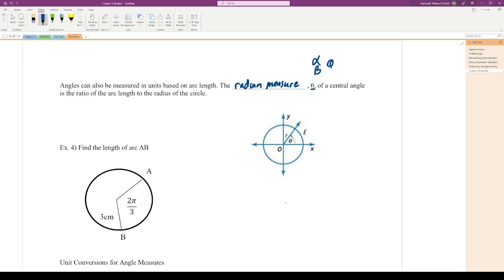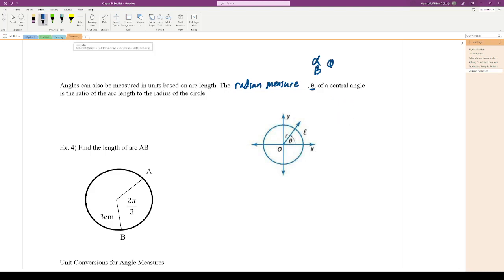Theta is kind of our generic angle measurement notation, just like x is our generic variable in algebra. So you'll see theta a lot. You may have already seen me in trigonometry saying sine theta or tan theta. That's just the name we use for a generic angle.